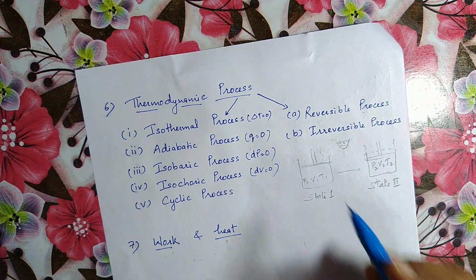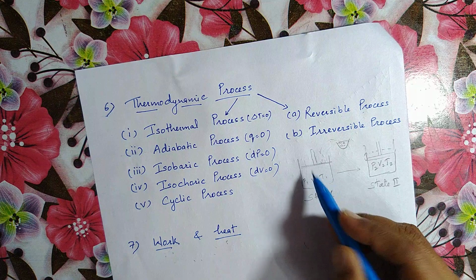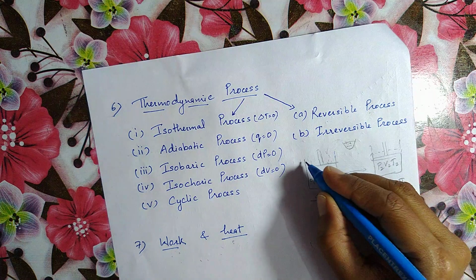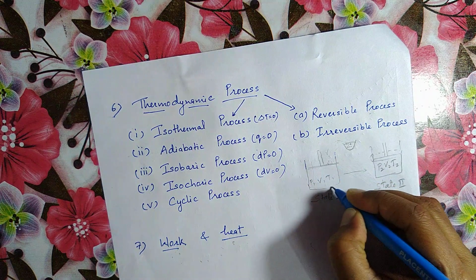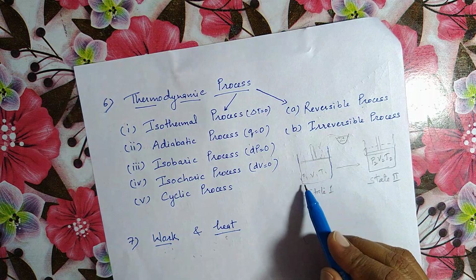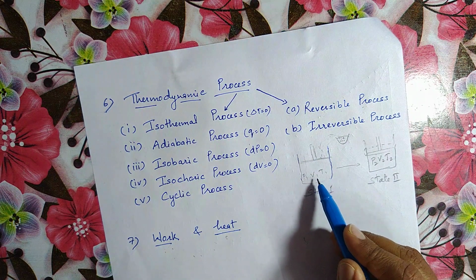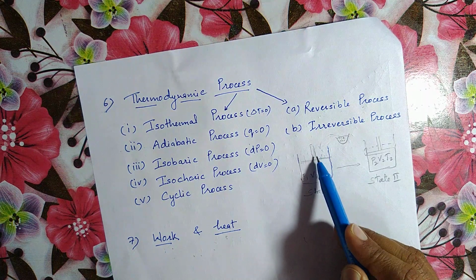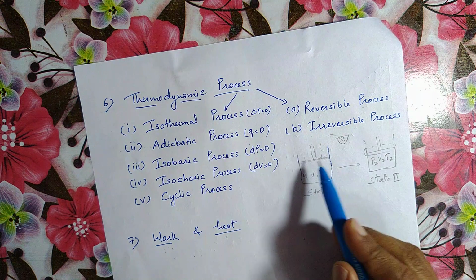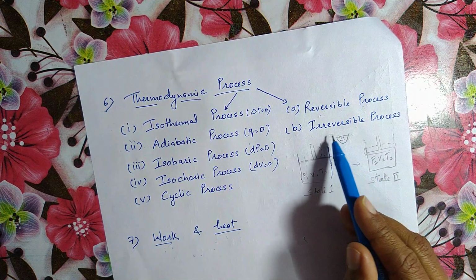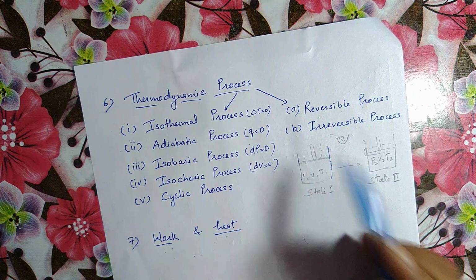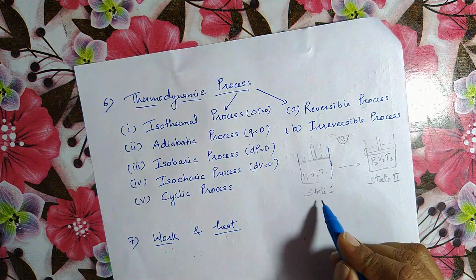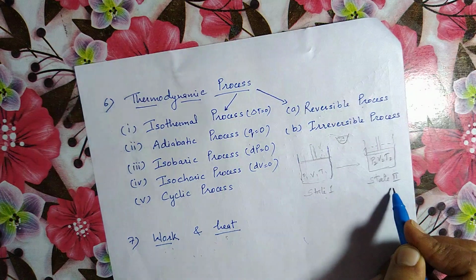Okay, for example, consider a typical example of a gaseous system, an ideal gas system having pressure P1, V1 and T1. Okay, and there is a movable piston. If you put some particles of sand on the piston, the pressure will increase, volume will decrease, and the system goes from one state to another state.